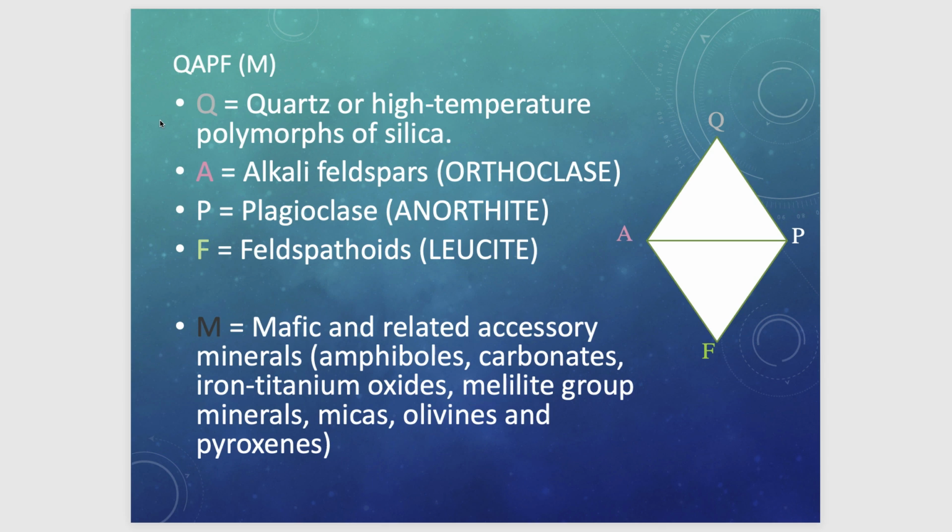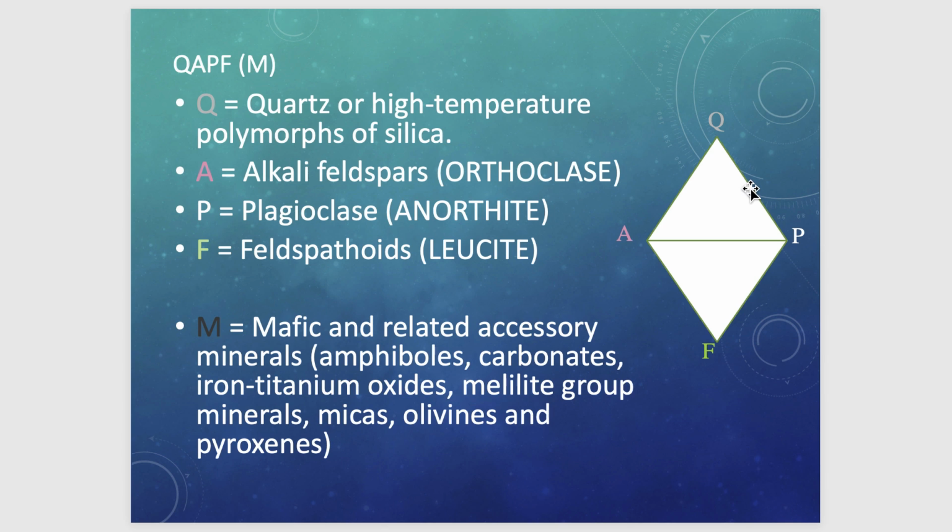A compromise means a mix between, for example, quartz and plagioclase. If the rock has 50% quartz and 50% plagioclase, I would place it right here because there is no alkali feldspar in the rock, so it's going to be sitting in this location.